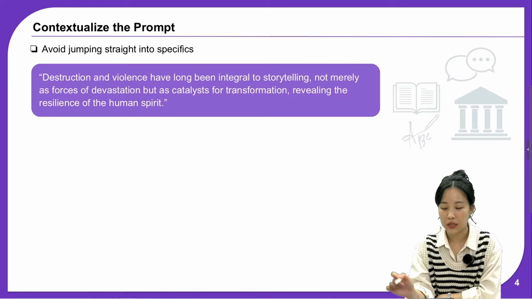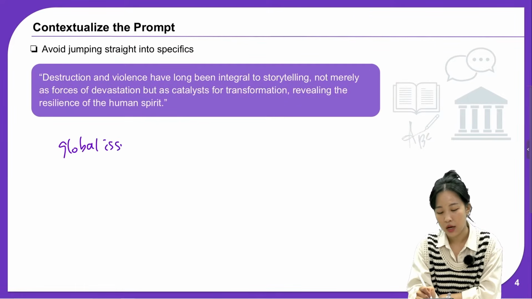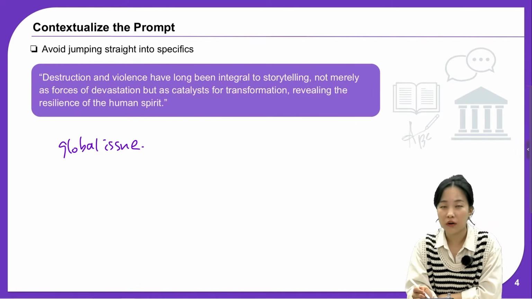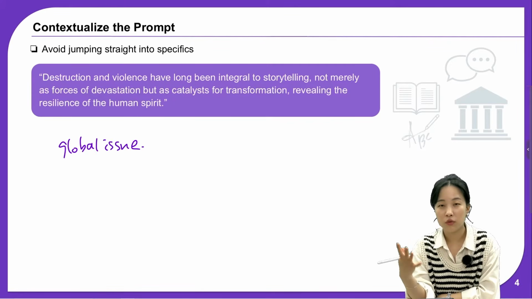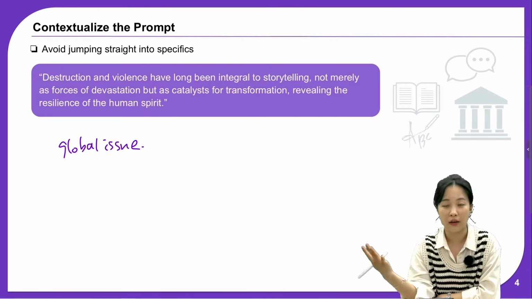So broadly speaking, this sentence almost sounds like a global issue, right? Especially if we're working with a very philosophical question about destruction, violence, goodness that comes out of it, virtue. You do want it to be very applicable to just humanity, our life, right?